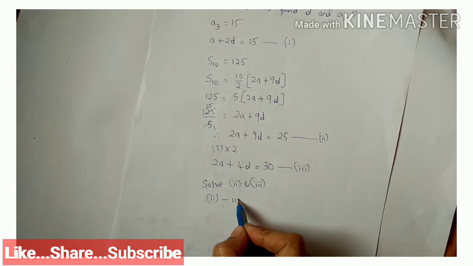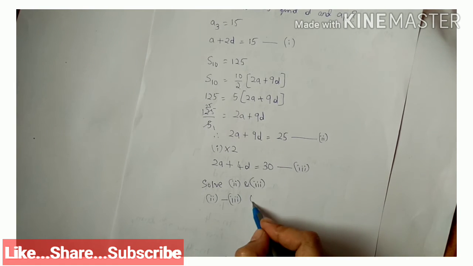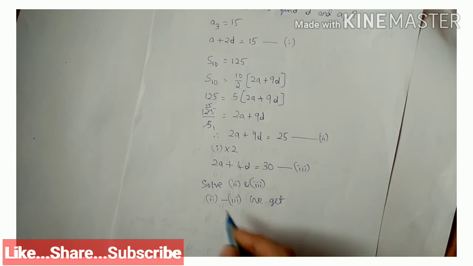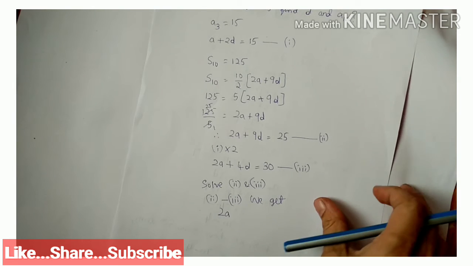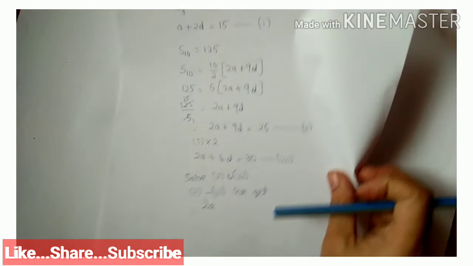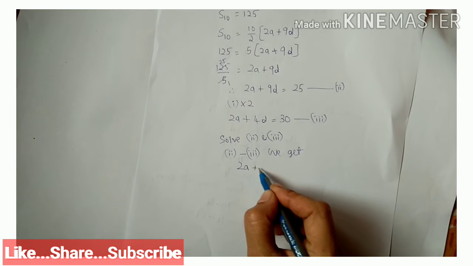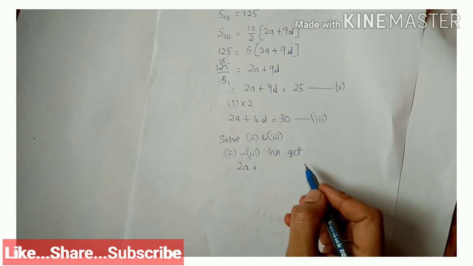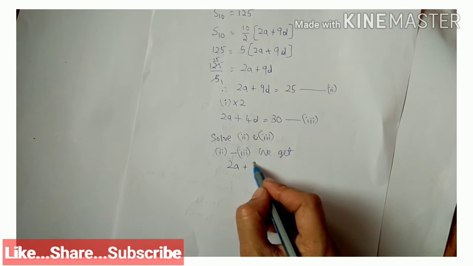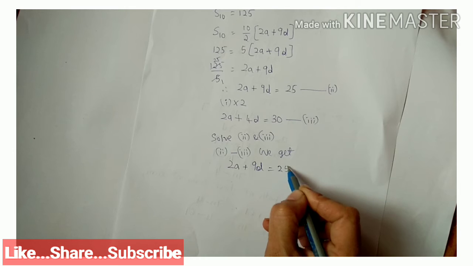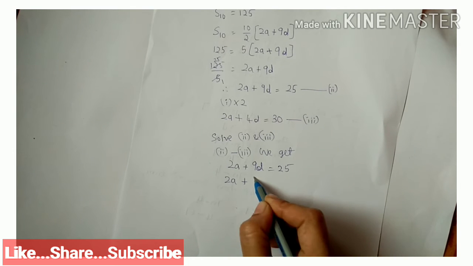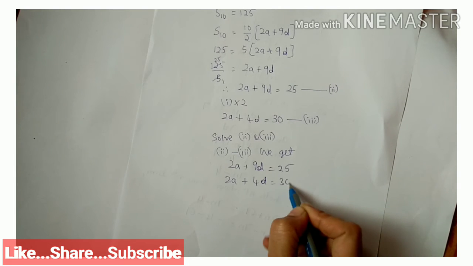Equation 2 minus 3, we get 2a plus 9d is equal to 25. 2a plus 4d is equal to 30.